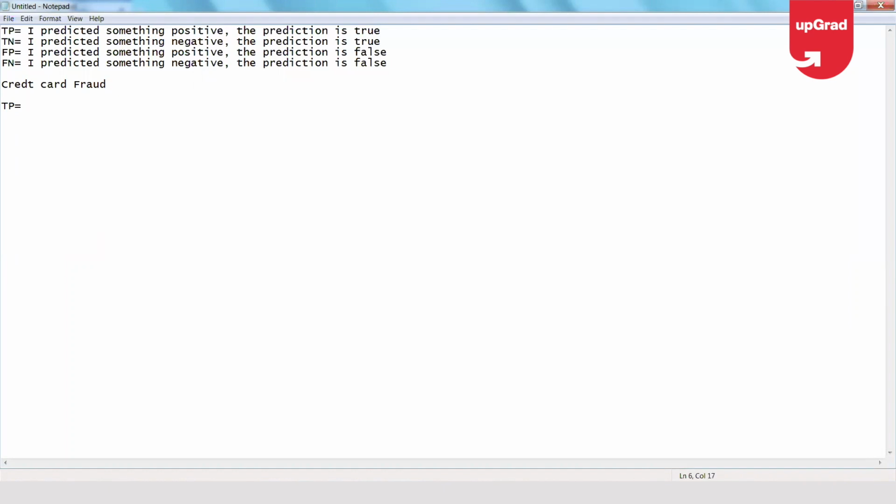In this case, credit card fraud is 1 and not fraud is 0. So true positive is I predicted fraud and it was indeed a fraud for a particular record.